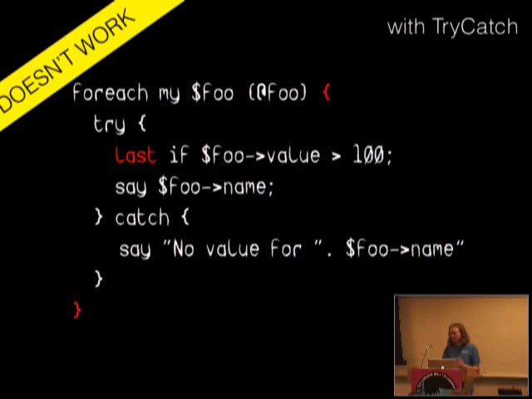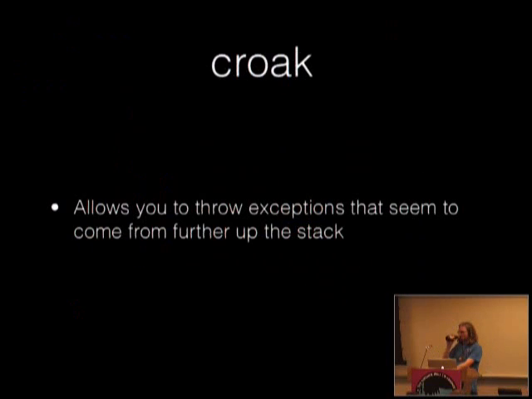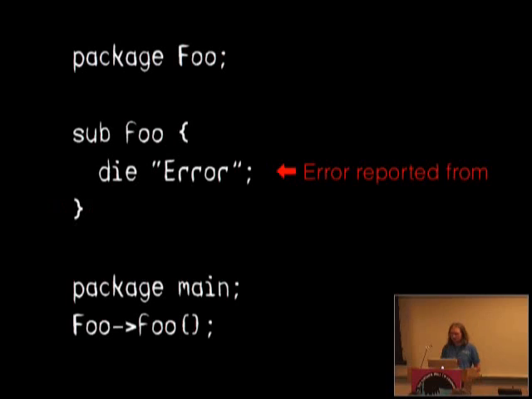Let's talk about something else. Enough about these 2 modules and core functionality. Carp. Nice picture. Carp is the core way of throwing exceptions from a different place, from further up the stack.